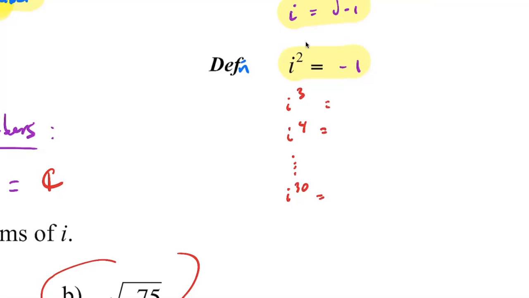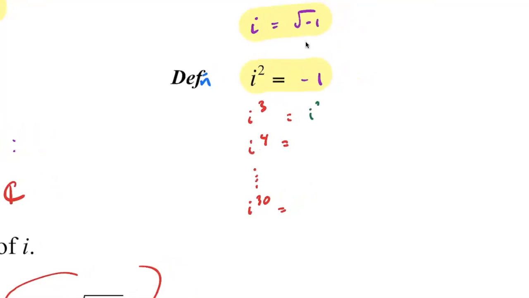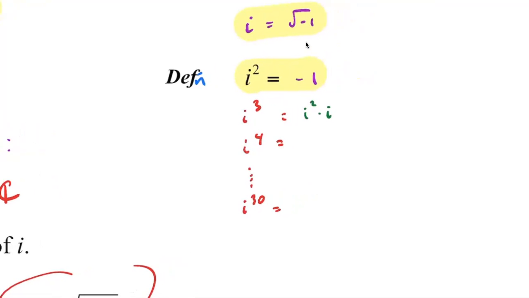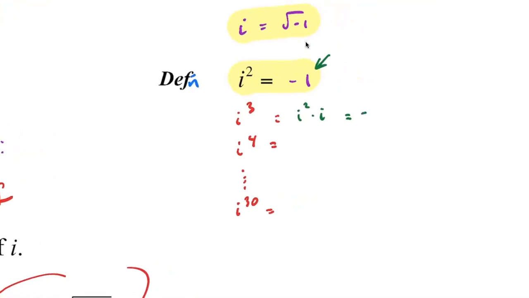Okay. So i to the third, we can look at this and say that's i squared times i, because i squared times i is going to be i to the third, since 2 plus 1 is 3 in the power. Well, we know i squared, based on the definition, is -1.